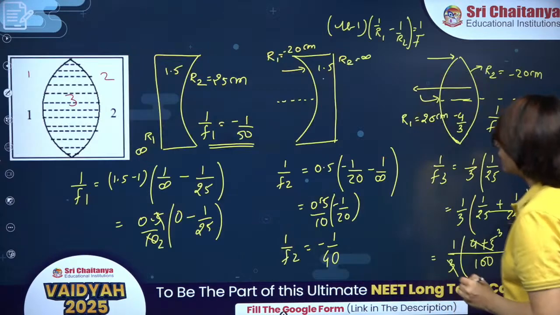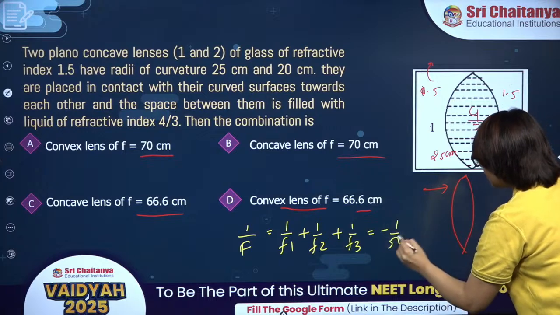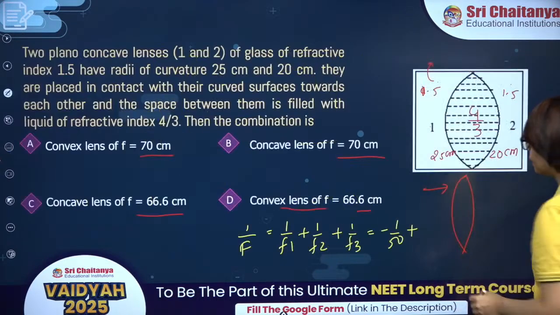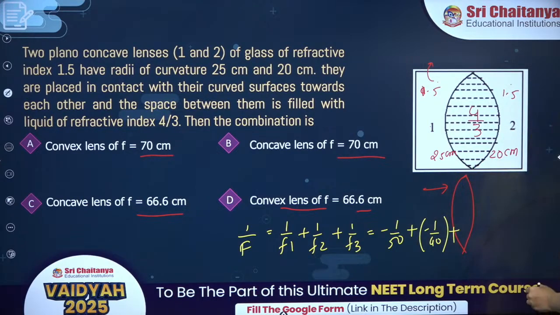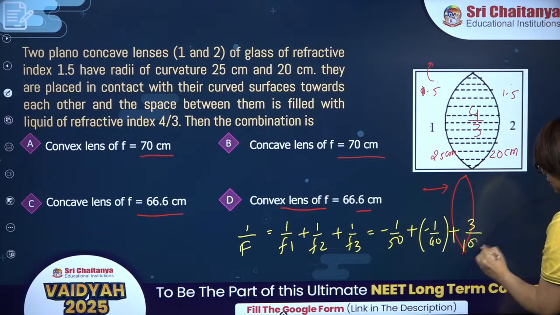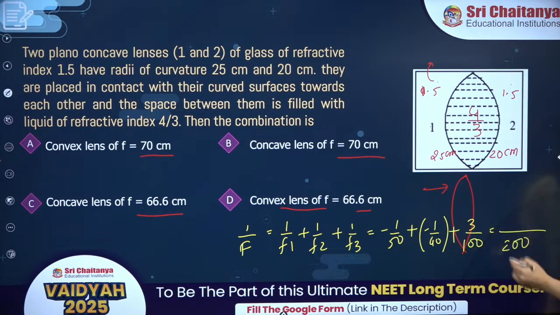So 1 upon f1 we have minus 1 upon 50, plus 1 upon f2 is minus 1 upon 40, plus 1 upon f3 we have 3 upon 100, right? So take 200 as LCM. So it will be minus 4 minus 5 plus 6. So it will be minus 3 upon 200.